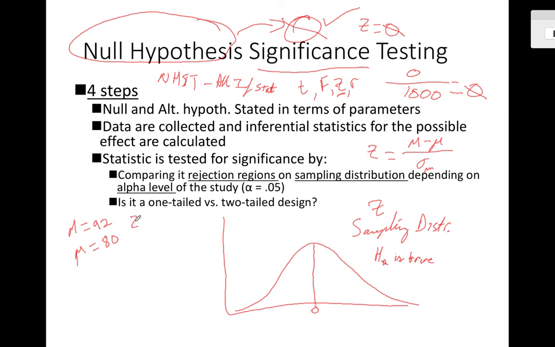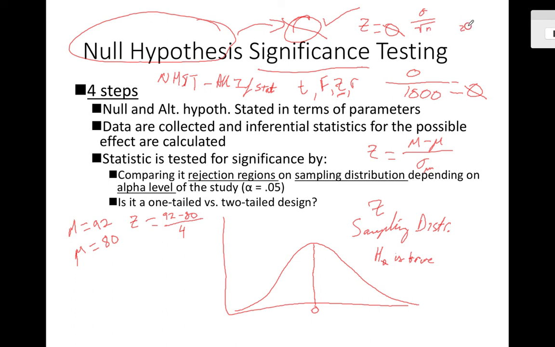So now what we want to do is calculate my z-score for my particular study. Using the formula that I've already given to you a couple of times, here I have my average of 92 minus the population average of 80. And in this particular case, the standard error for this example is a value of 4. The reason we calculate that value of 4 is, if you look at the top of page 241, standard error is calculated by the standard deviation of the population divided by the square root of our sample size.